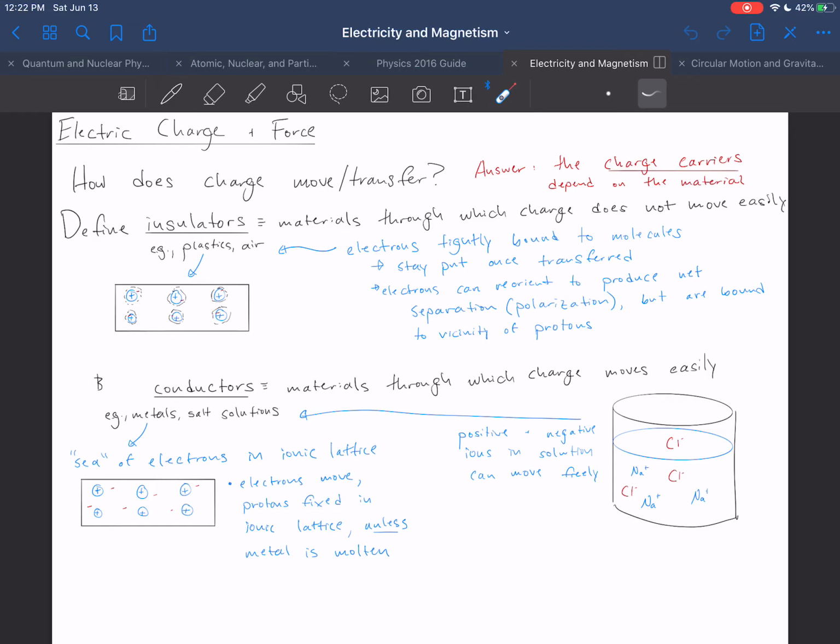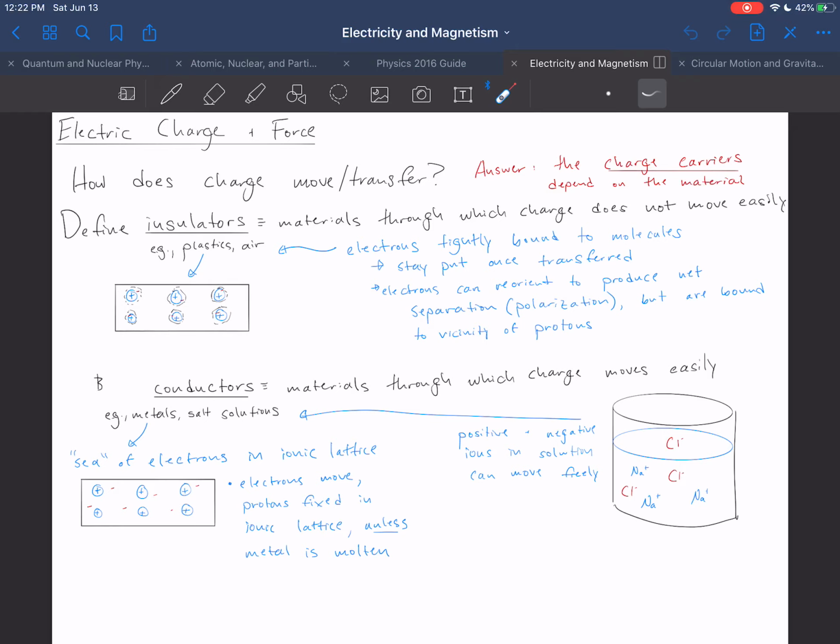Conductors, on the other hand, are materials through which charge moves easily. So solids, we typically think of metals like copper and gold. As you may have examined in chemistry, metallic bonding is such that the protons in a metal exist in an ionic lattice.